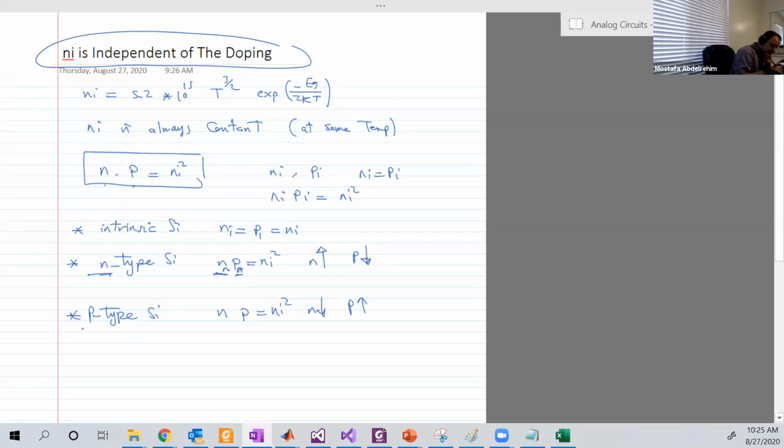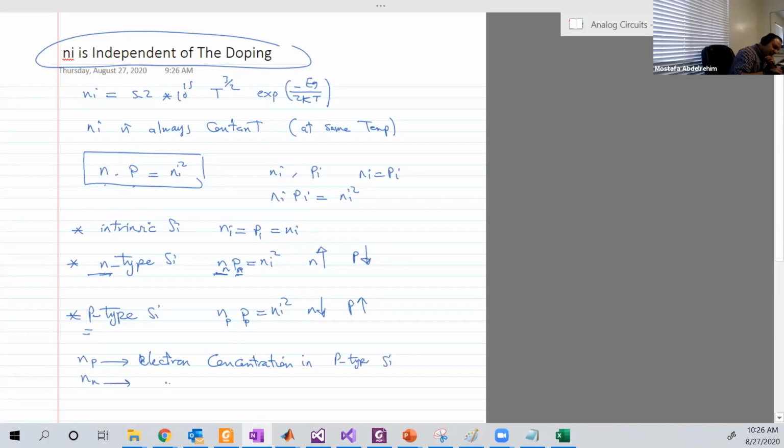And since this is a P-type silicon, we will call this Np, N subscript P, and this is Pp, or P subscript P, just to differentiate. So what is Np? Electron concentration in P-type silicon.